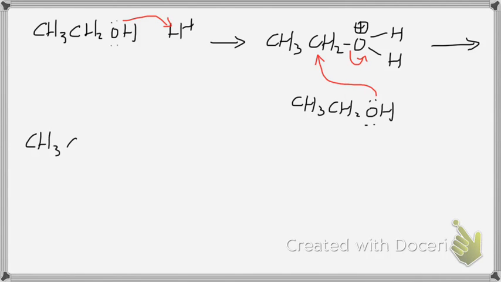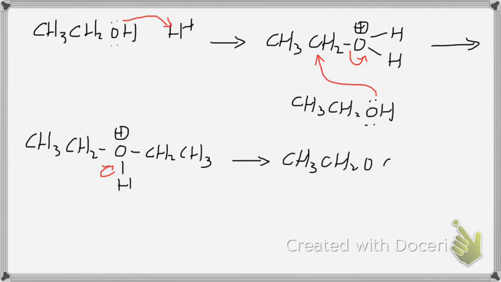The second step, the second equivalent of alcohol, will serve as the nucleophile to attack the carbon attached to the protonated oxygen, and the water is the leaving group. So this step will make the protonated ether. It makes a new oxygen-carbon bond.